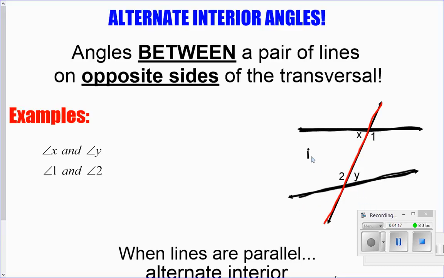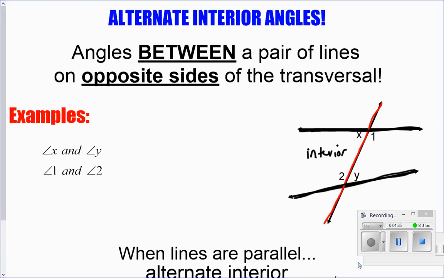That is called the interior. So any angles that are located in between those two lines are called interior angles.